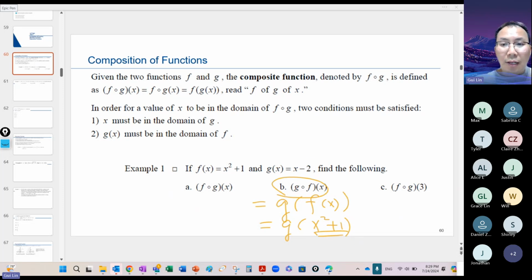So g equals x minus 2. All right, so all the x here will be replaced by at least the inside x plus 1. This x is replaced by the whole part here, right? It became x squared minus 1. So this part finally equals here.